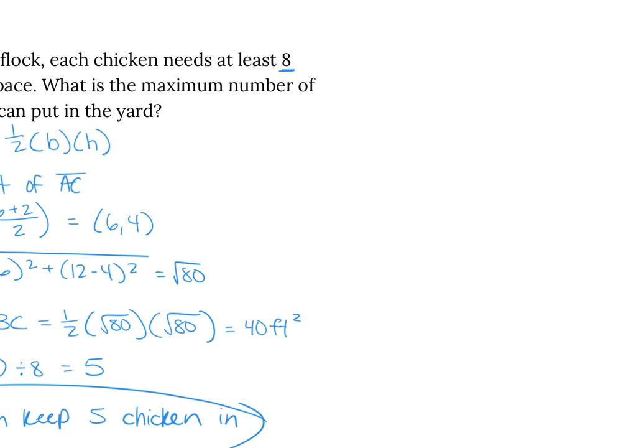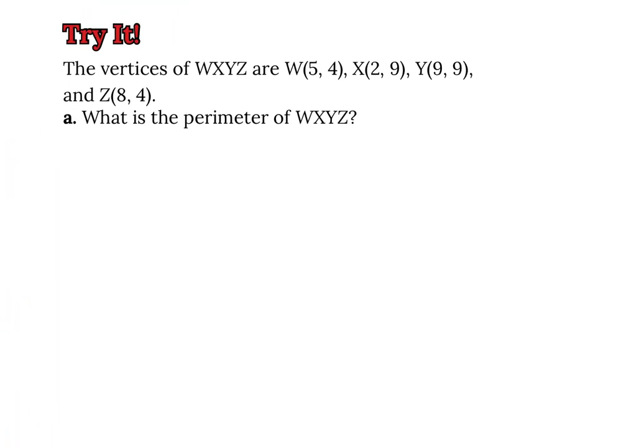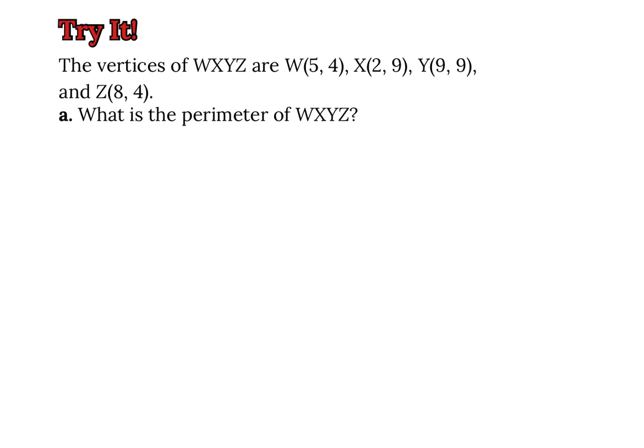All right, let's look at the try it. They're giving us vertices for W, X, Y, Z. We want to find the perimeter. So we need to find the distance between each of those points.